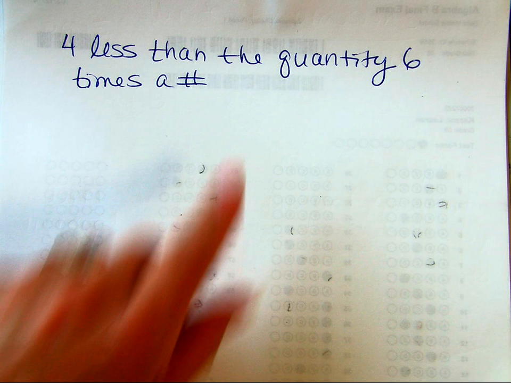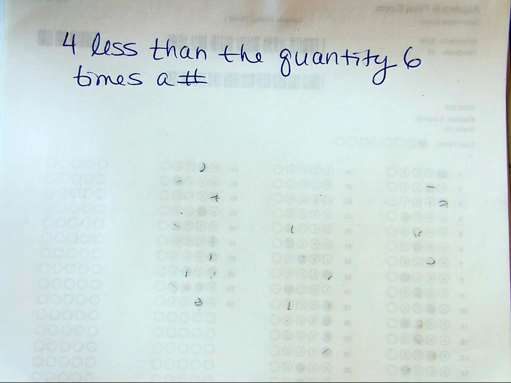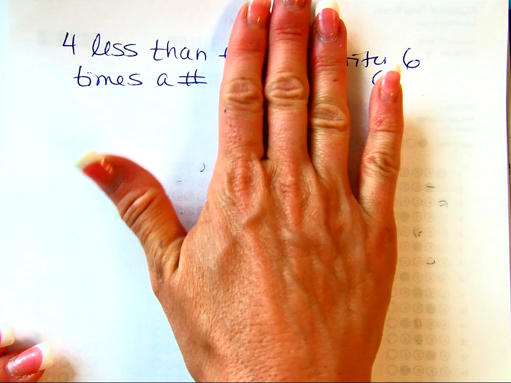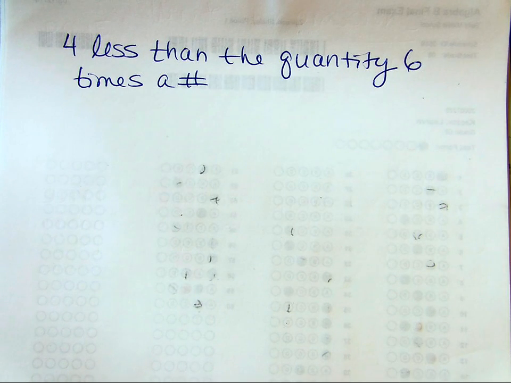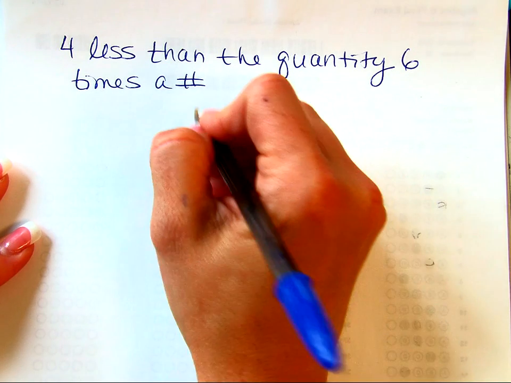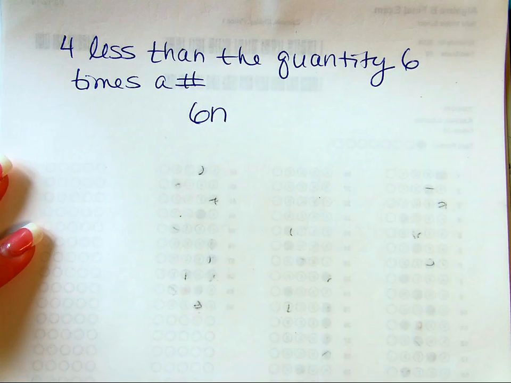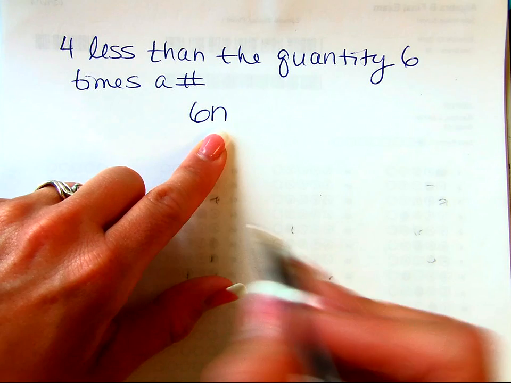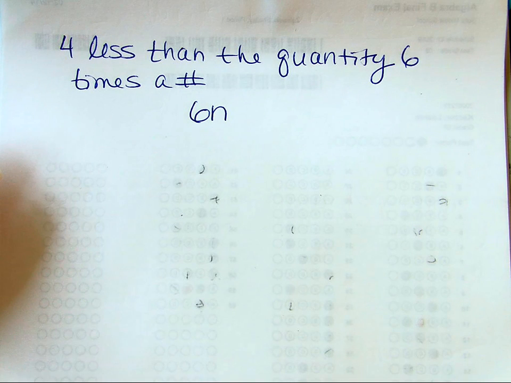And the words the quantity are really important in this, because if I were to take that out and just say 4 less than 6 times a number, how do you know if it's 4 less than 6 times a number or 4 less than 6 in parentheses times a number? Do you see the difference? So that's why when they say the quantity 6 times a number, and I want 4 less than that. So where does that 4 have to go?